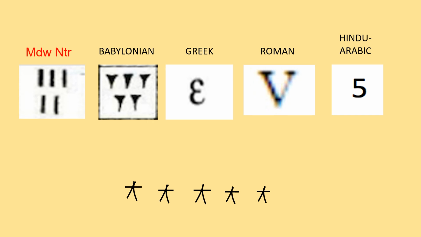It would be fair to say that these numerical symbols are written from the oldest numerical symbol on the left, Medu Neter, to the newest numerical symbol on the far right, which is Hindu Arabic. They are all ways of representing the quantity 5.